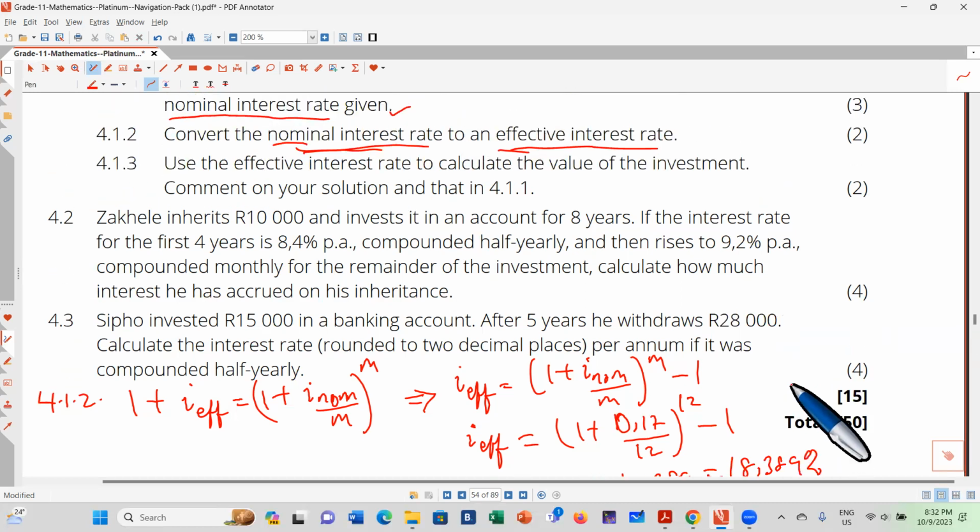Now, use the effective interest rate to calculate the value of the investment. Comment on your solution in 4.1. Okay, now we need to use the effective rate to find the value of the investment.